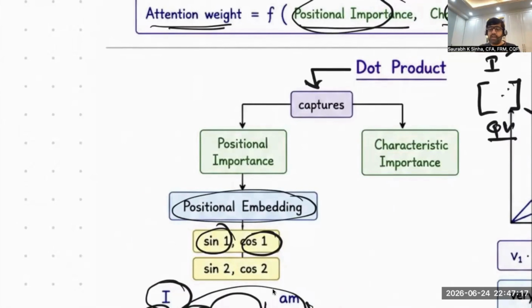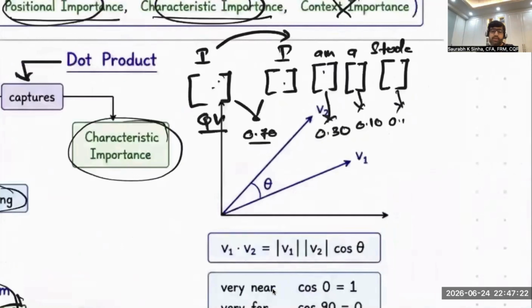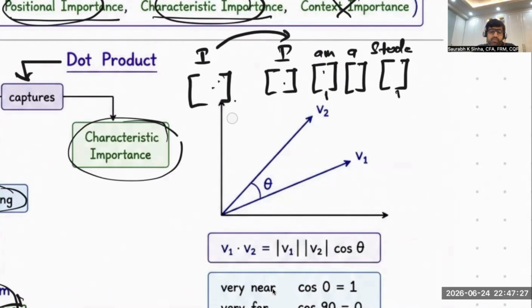Number two, what about characteristics importance? When you do a dot product between two vectors, assume these are two vectors, v1 and v2, you write the magnitude of v1, the magnitude of v2, and cos theta.